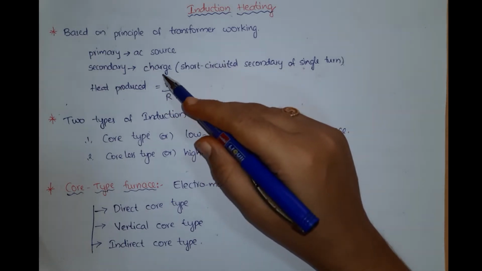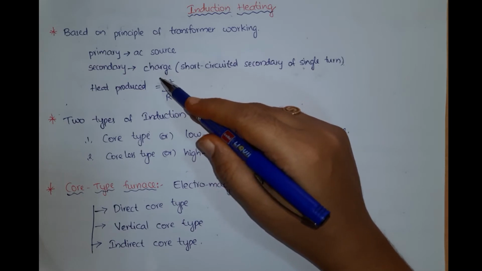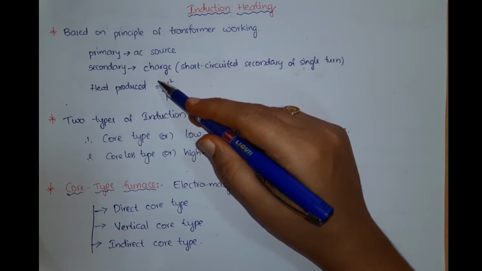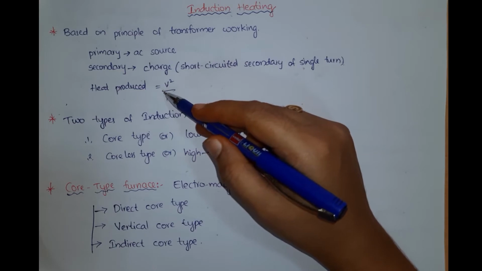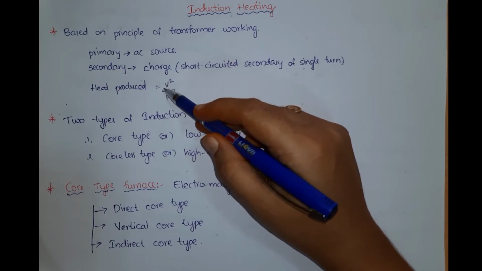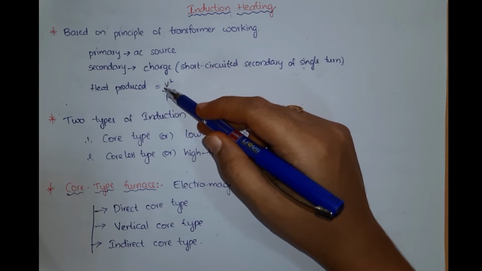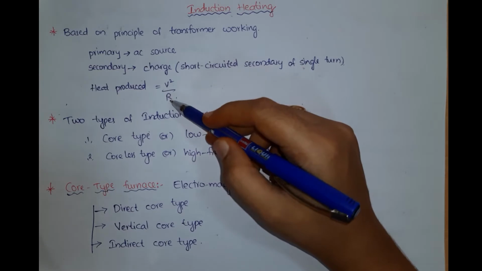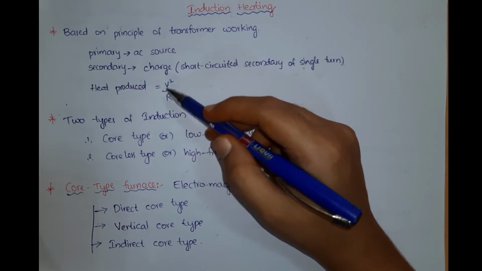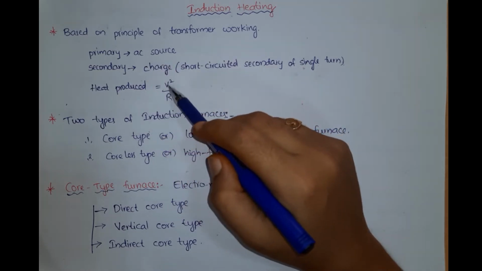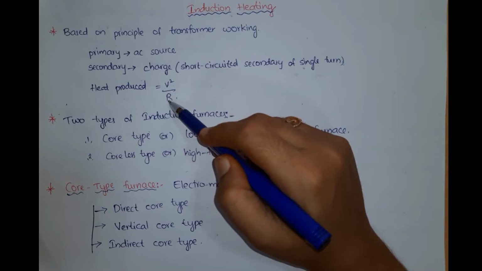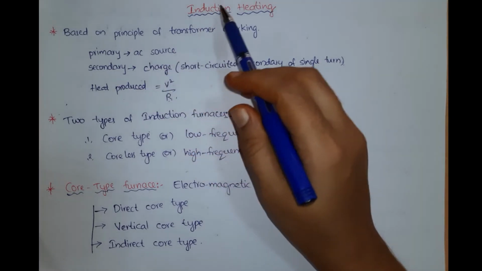That means the charge acts as some resistance, a conducting material which has some amount of resistance. Now if the voltage induced in the charge is V, and the resistance of the charge is R, then the heat produced will be what? V square by R.